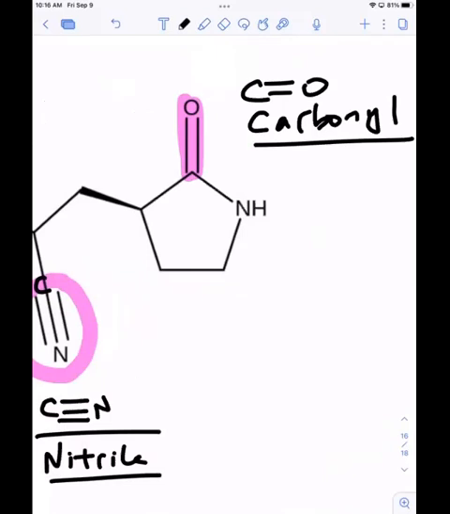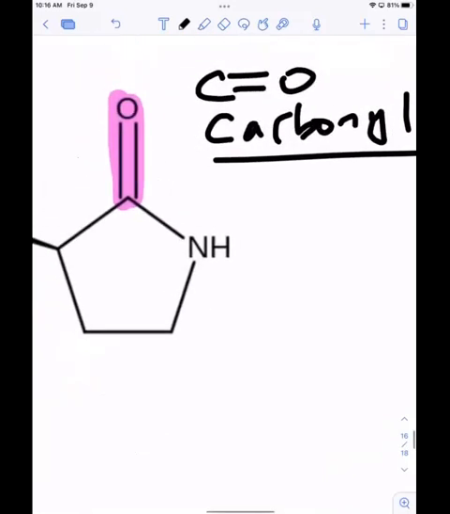If it's just C double bond O, it's a carbonyl, but carbonyls change based on what's bonded to them, right? So you can see this carbonyl has, and I'm not going to the other side because this is what defines it right here, this carbonyl is bonded to a nitrogen, right?